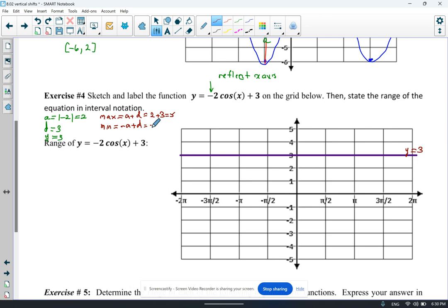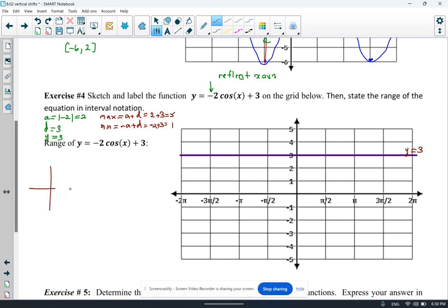So in this case, you negate the 2, so it's -2 plus 3, and that's equal to 1. Notice it doesn't change just because you have a cosine in front versus sine, and just because you have a negative in front of the amplitude, it does not change how you calculate the minimum and maximum value of that function.